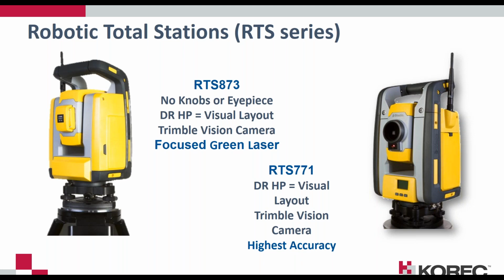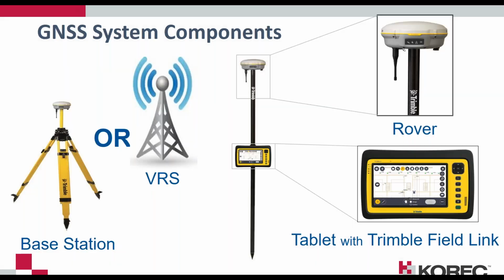Now, I touched on it briefly earlier that we can use the benefits of our GNSS system. So we incorporate here the Trimble RTS GNSS receiver. Now, depending on your project, there's a couple of flavors here that you could potentially use. Obviously, as a base station setup with your tripod, this will look up at the sky and take corrections from the satellites it sees and pump those corrections over to your rover.